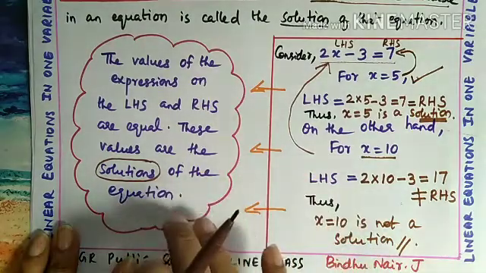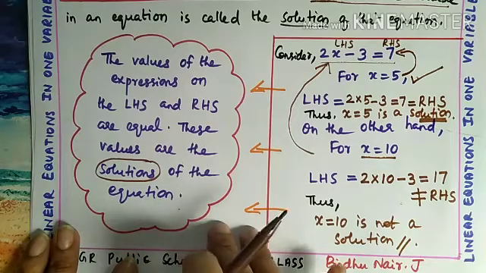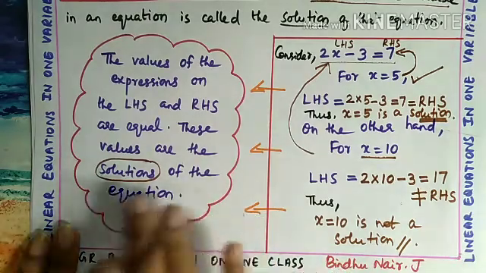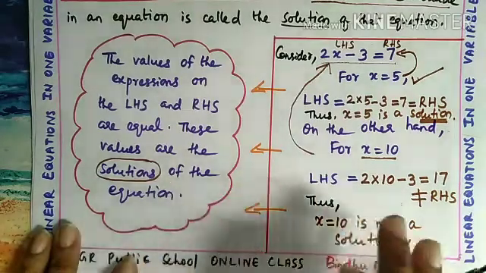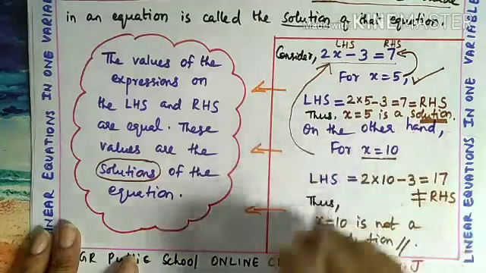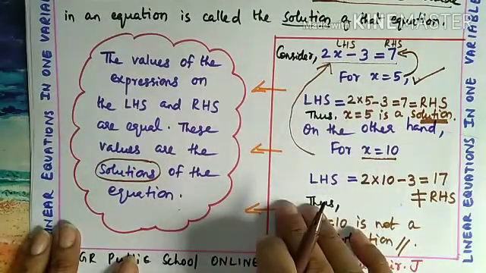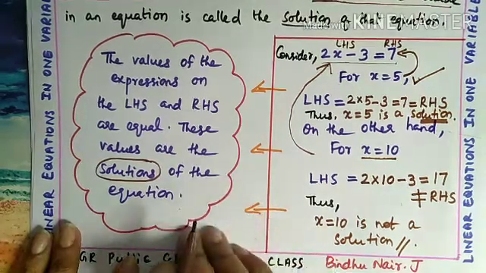What do you mean by linear expression, linear equation, how we are finding the solution, everything you understood. Yes, so from this part, how we are checking the solution, I am going to give you some homework problems. So all of you must complete the homework.